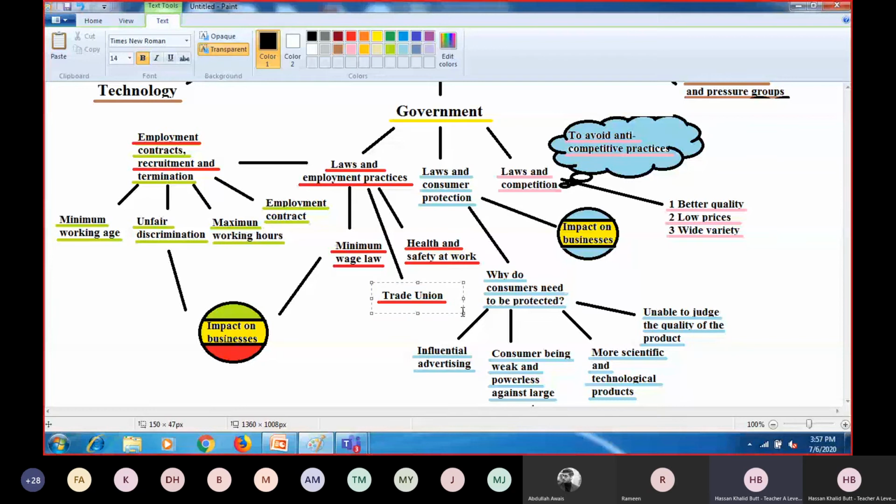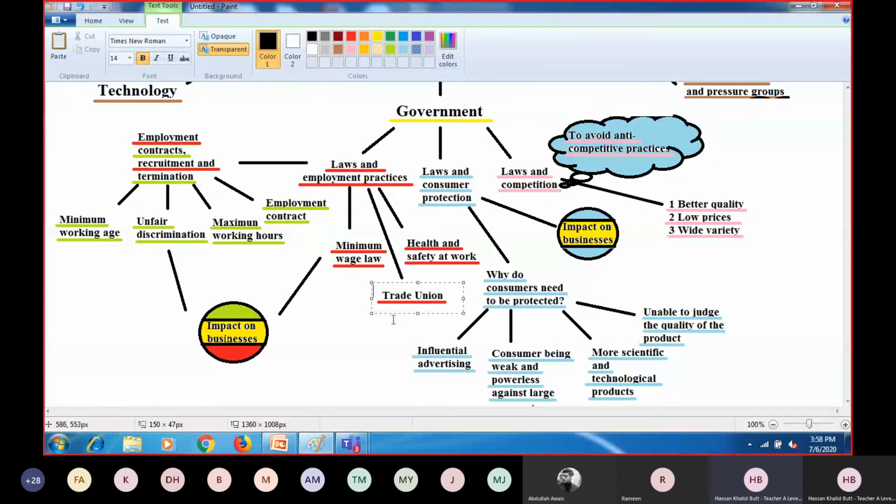For example, if you are running a shoemaking factory, Eid comes, there is more demand for shoes, so you want your workers to work more hours. But the trade union says our workers won't work more hours, or instead reduce their working hours. So now you have pressure from the trade union side, and because it's a legal organization, you have to hire more workers, and obviously it will increase your cost and time as well.